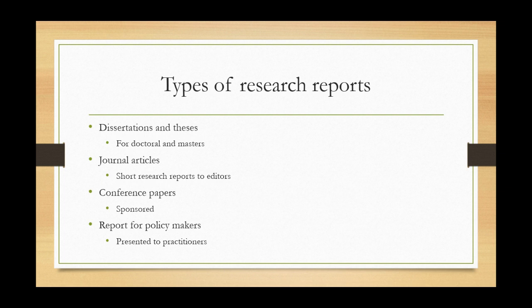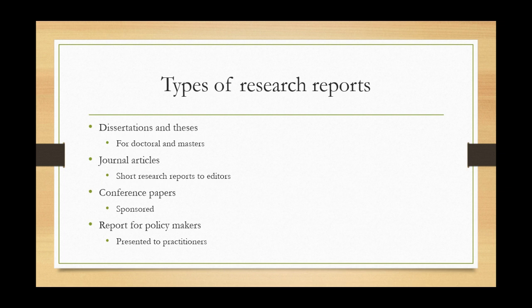If you are a student, then you take your master's studies or your PhD studies, then you develop research reports as part and parcel of your study, and these are called dissertations or theses. They are prepared for the faculty and the graduate committee.